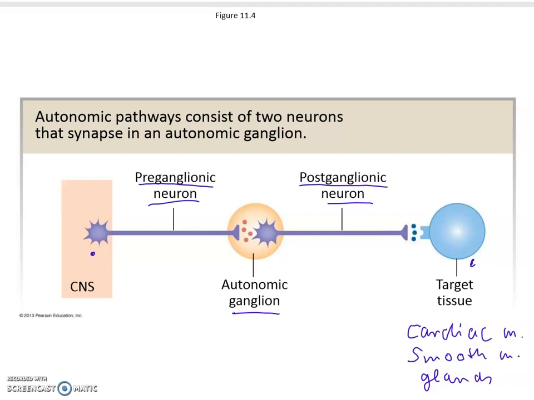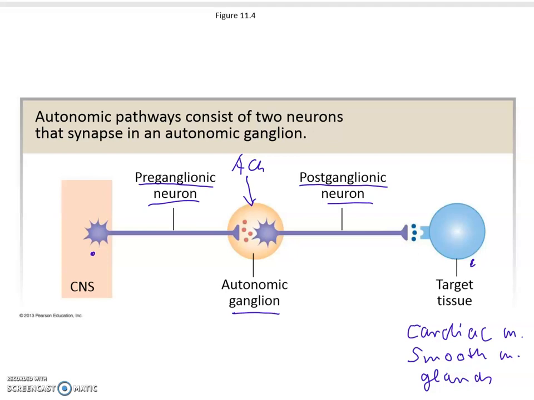Now they have the synapse at the ganglion, and the neurotransmitter that you see here is always going to be acetylcholine every single time. No matter whether you are on the sympathetic side or on the parasympathetic side, it does not matter. The neurotransmitter used at the ganglion to go from preganglionic to postganglionic neuron is always acetylcholine.